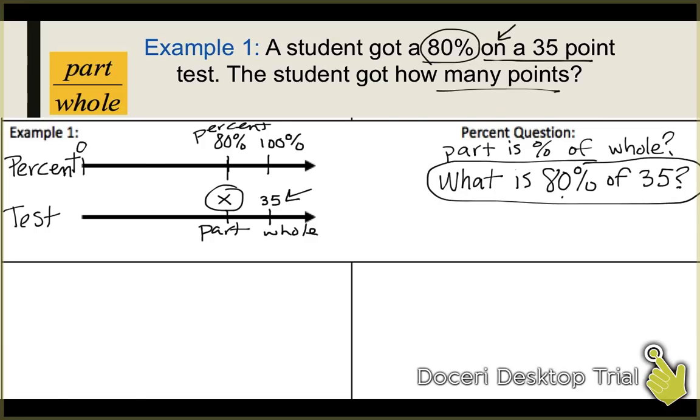Okay, so now we're going to use the two strategies. We're going to use the percent proportion. So I'm going to do the proportion over here. You don't have to write this word. And I'm going to do the equation over here. So if you look back at your notes, you'll see that for the percent proportion, we're going to use the guide fraction of part over whole.